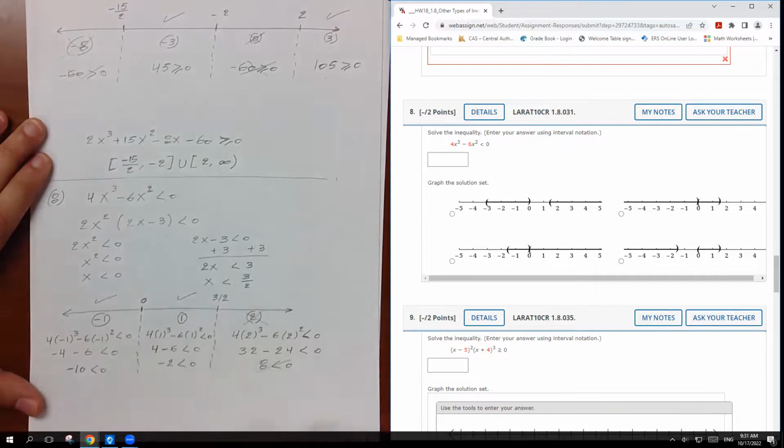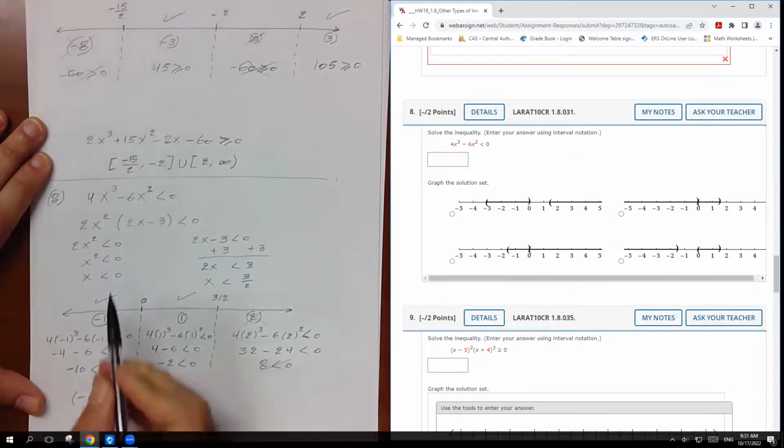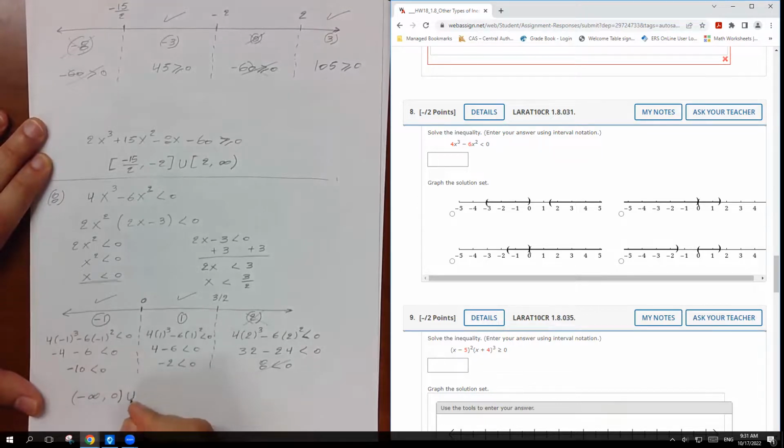So now our interval solution is going to be from -infinity to this number. We're going to put parentheses here, because the first key number is a union. We're going to put the second interval, which is also from 0 to 3 over 2, with parentheses from this side.